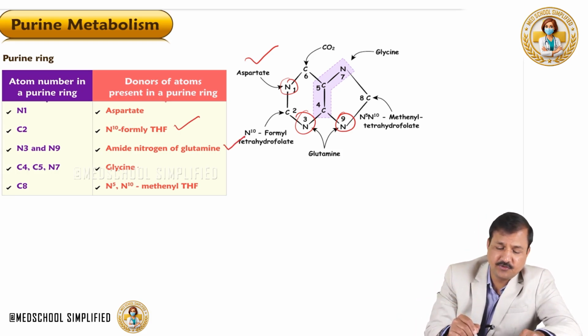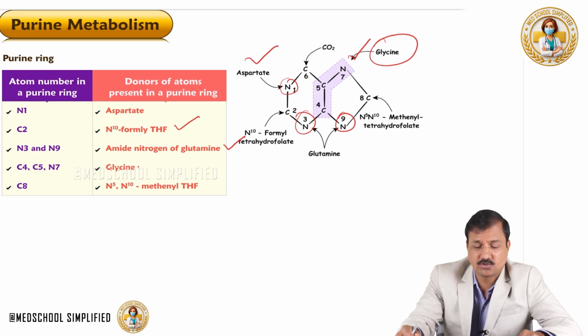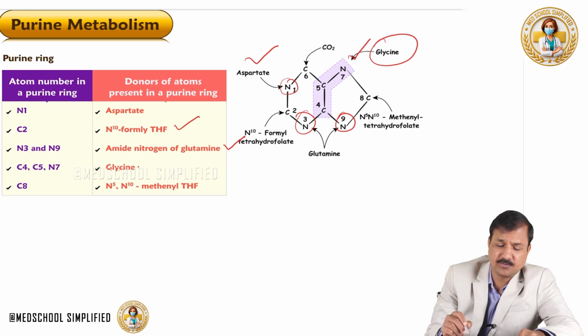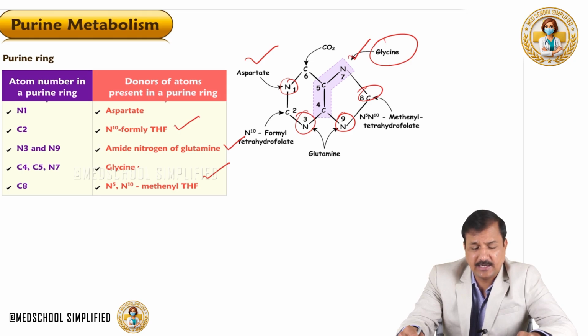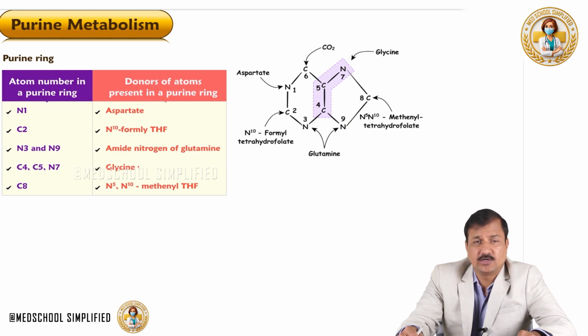And then C4, C5 and N7, this entire thing will come from glycine, that is 2 carbons and 1 nitrogen present in glycine, almost the entire glycine is incorporated here. And then carbon 8 will come from N5, N10 methenyl tetrahydrofolate. So these are the donors of all the 9 atoms that are present in the purine ring.